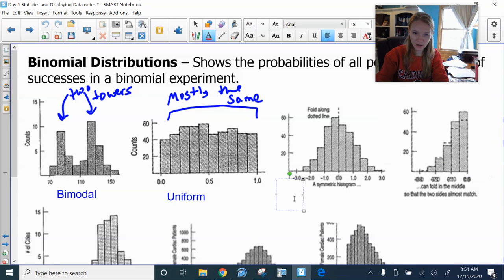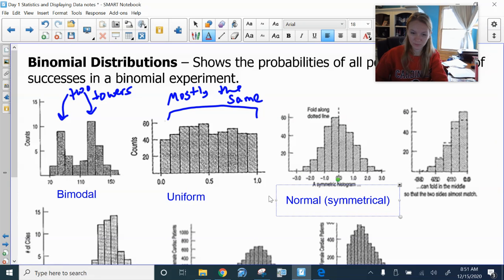On this third one here, we call this a standard or a normal or symmetrical distribution, where it goes up and then back down. You can see here it even says fold along the dotted line. It looks pretty symmetrical, the left side and the right side match.